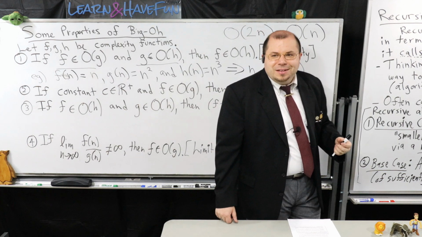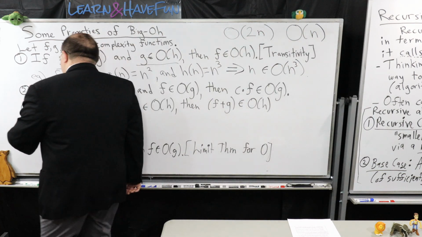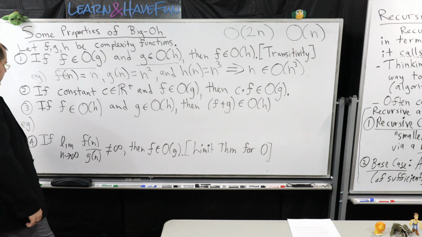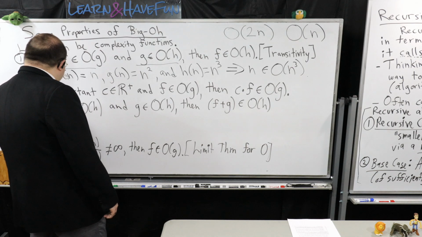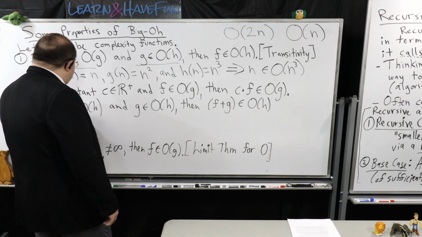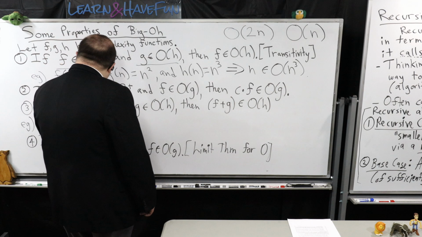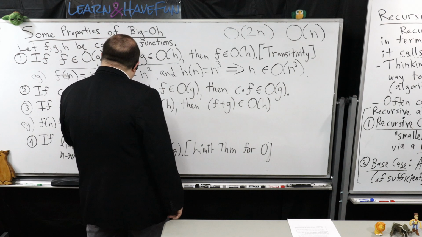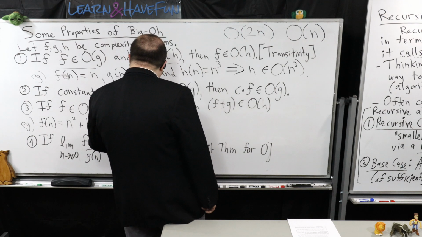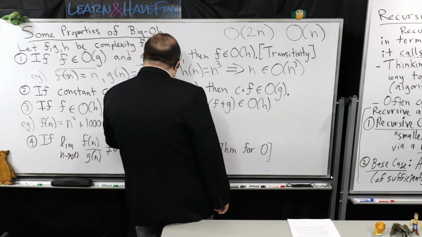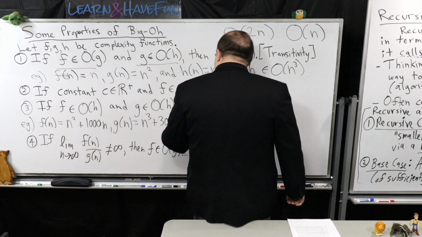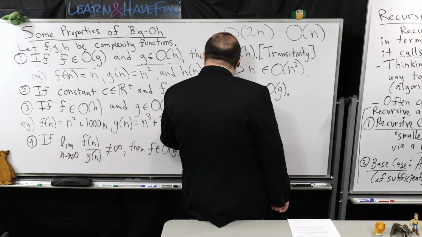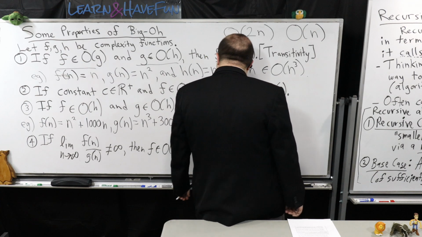For example, suppose f is n squared plus 1000n, g is n cubed plus 3000 n squared, and h is simply n cubed.